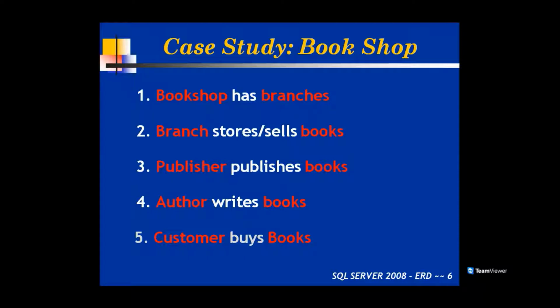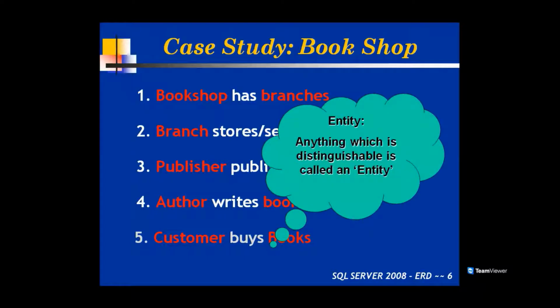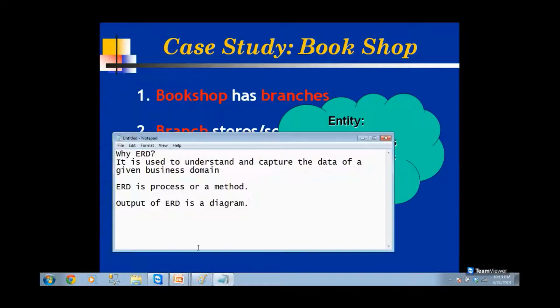Now you have to understand what an entity is. ERD means entity relationship diagram. The question is, what is an entity? Entity means a distinguishable item. Distinguishable means a unique item. So from whatever he gave, we have to identify the ERD.